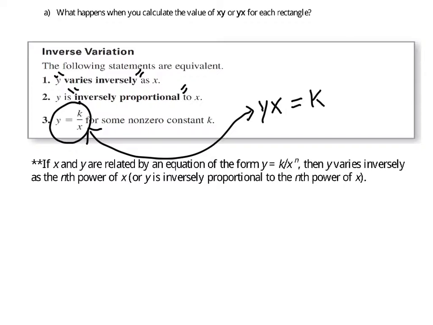If you're asked to identify inverse variation, look for either one of these forms. Furthermore, in an inverse variation equation, the independent variable x may also have an exponent. However, regardless of which case you have, with or without an exponent, inverse variation situations are both non-linear.